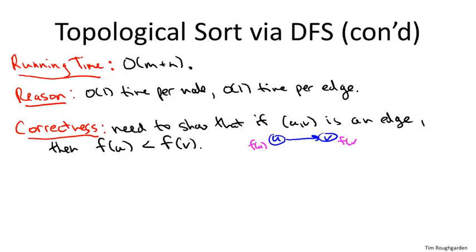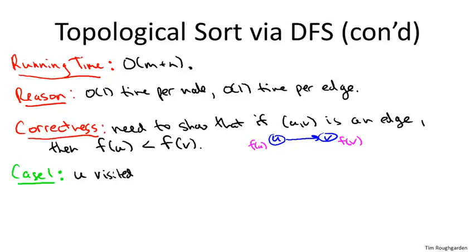The proof of correctness splits into 2 cases, depending on which of the vertices u or v is visited first by depth first search. Because of our for loop, which iterates over all of the vertices of the graph G, depth first search is going to be invoked exactly once from each of the vertices. Either u or v could be first. Both are possible. So first let's assume that u is visited by DFS before v.